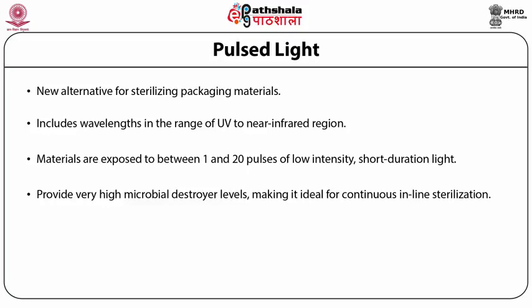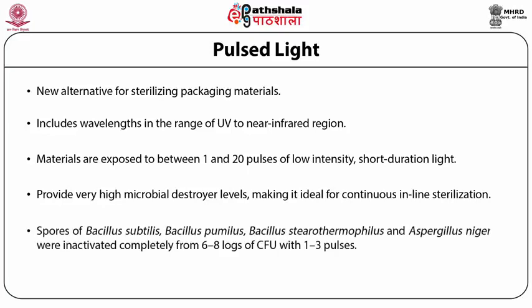A variety of microorganisms including Bacillus subtilis are inactivated by using between 1 and 35 pulses of light with intensity ranging between about 1 and 12 joules per square centimeter. Spores of Bacillus subtilis, Bacillus pumilus, Bacillus stearothermophilus, and Aspergillus niger were inactivated completely, from 6 to 8 logs of colony forming units (CFU), with 1 to 3 pulses.